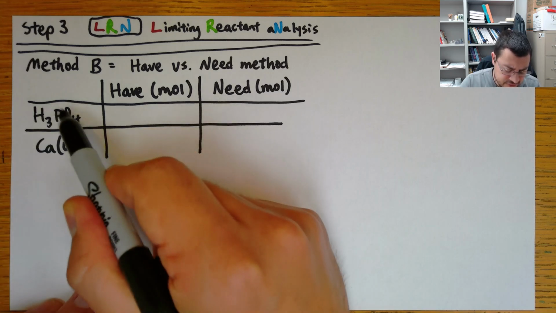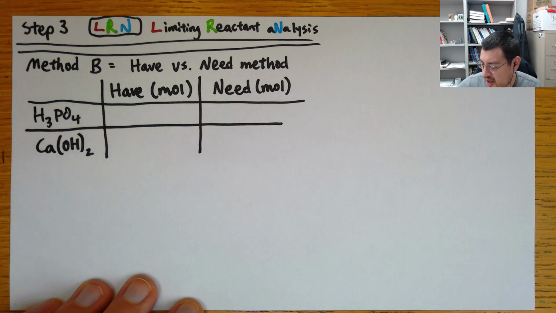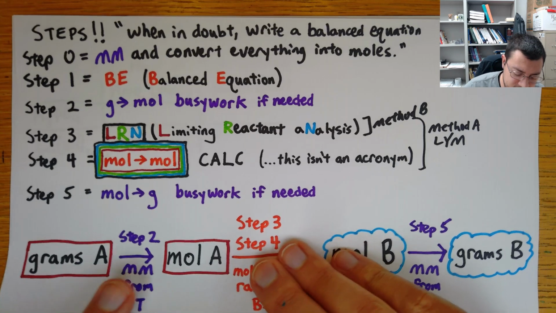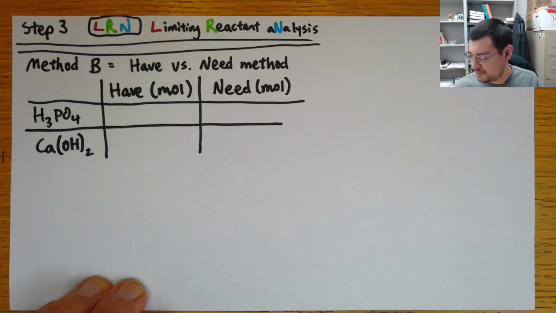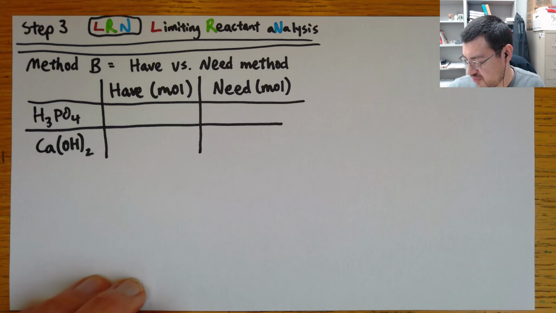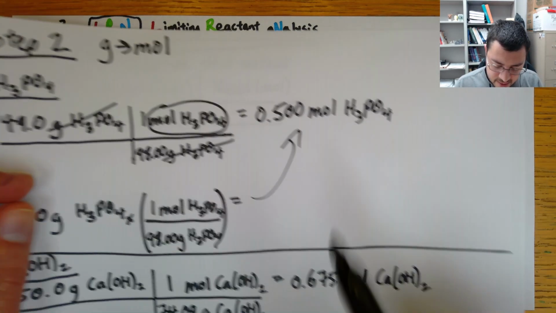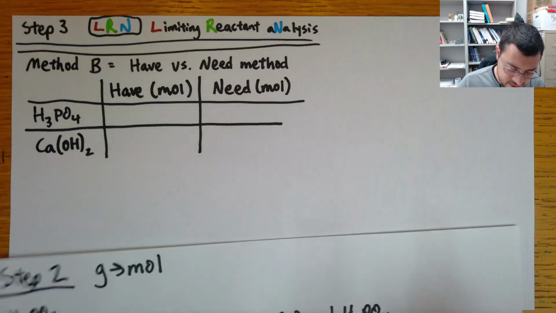Okay, so phosphoric versus calcium hydroxide. In step 2, we already did the work of turning things into moles, so we can just reuse those same amounts. 0.5 of the phosphoric.